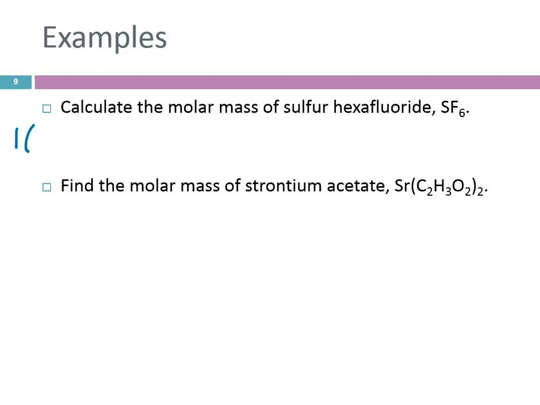Well, how much does 1 mole of sulfur weigh? 32.07 grams. And then we also have how many moles of fluorine? 6. And each mole of fluorine weighs 19 grams.